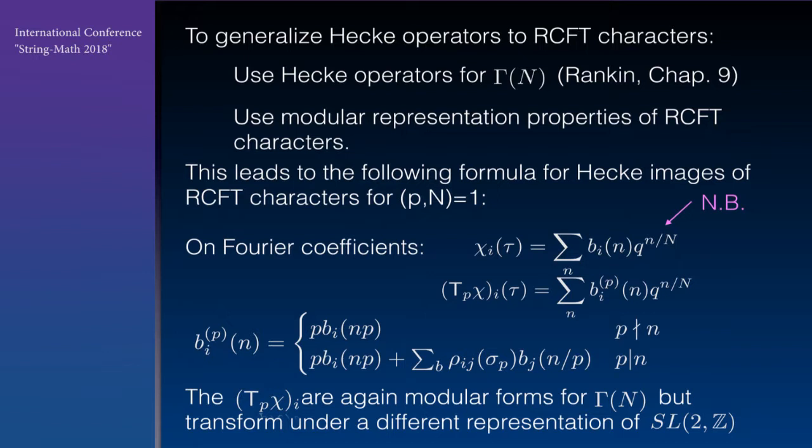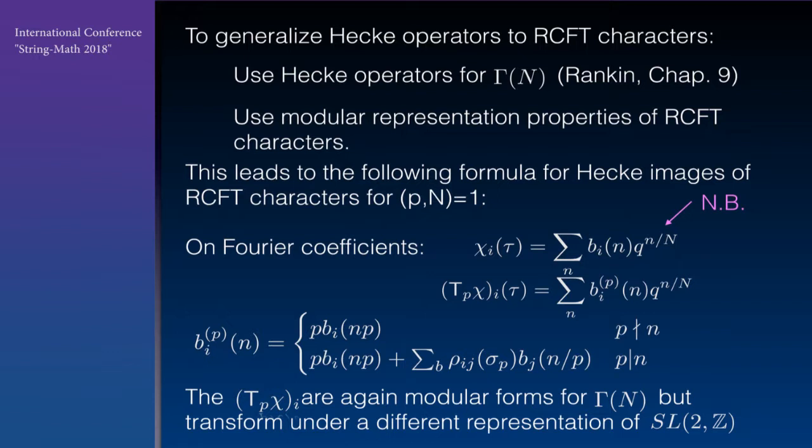These characters are invariant under T to the N, but not under T, so this is the natural Fourier expansion, even though it leads to a lot of zero coefficients. If you do that, then the Hecke image has coefficients which are related by a formula that's very similar to what I wrote down before.